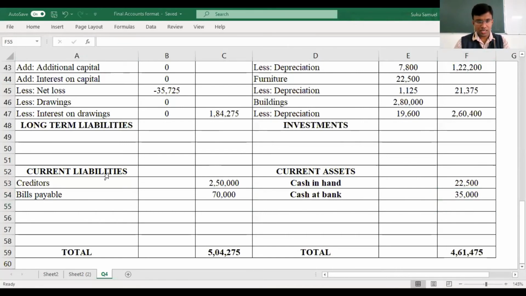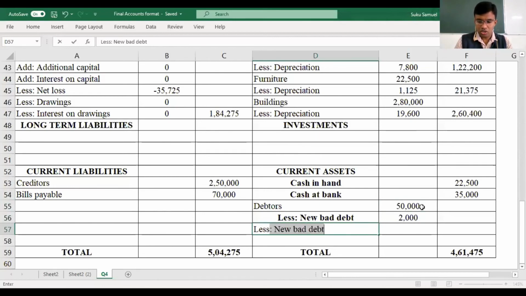Now let's see if there are any other items that we have to put in. We have to add debtors. With respect to debtors, there are some adjustments that we have to account for. So from debtors, we will have to subtract new bad debt. New bad debt is 2,000. From this we have to subtract new provision for bad debts.